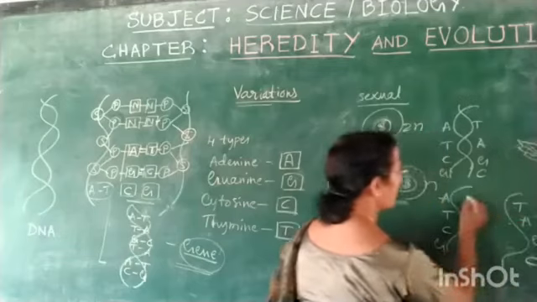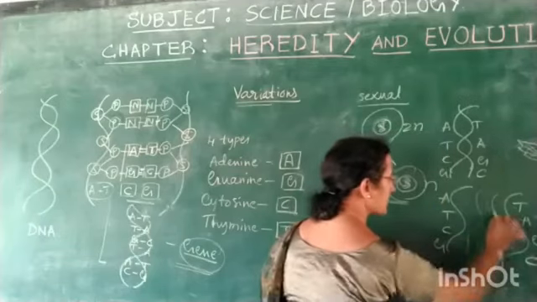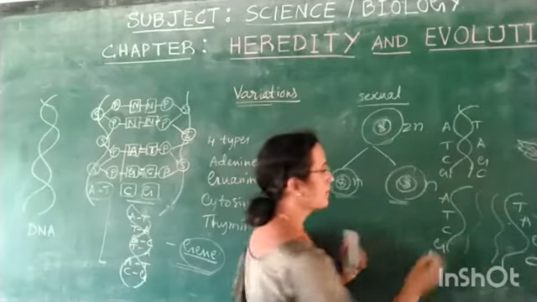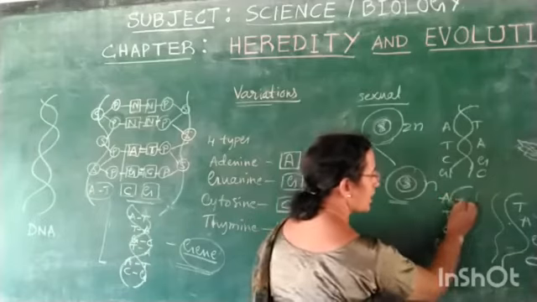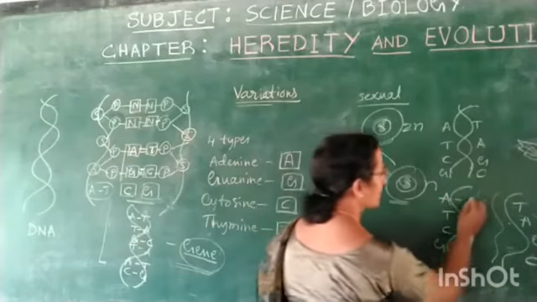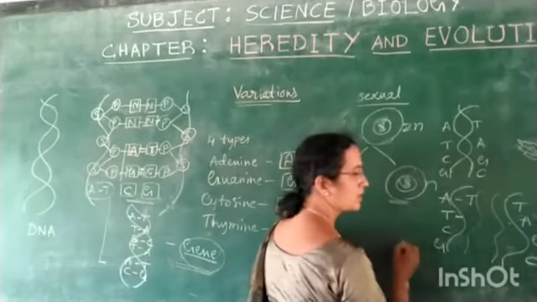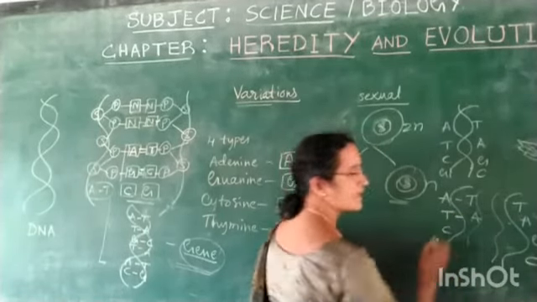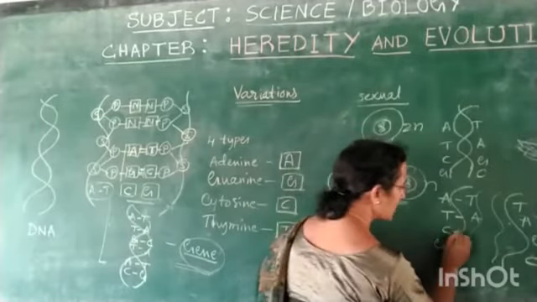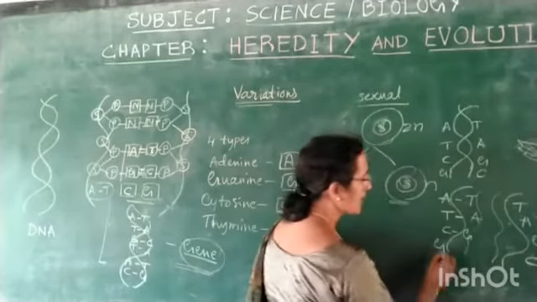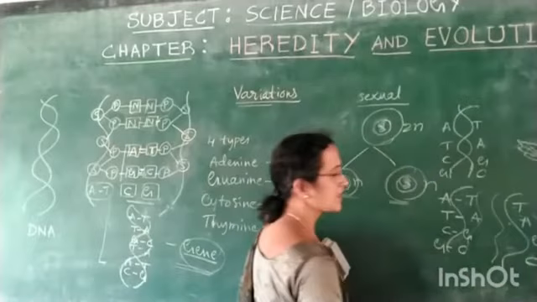A new DNA will be synthesized, where for adenine, the complementary thymine is synthesized. For thymine, an adenine gets synthesized. Likewise, for cytosine, guanine is synthesized, and for guanine, cytosine is synthesized.